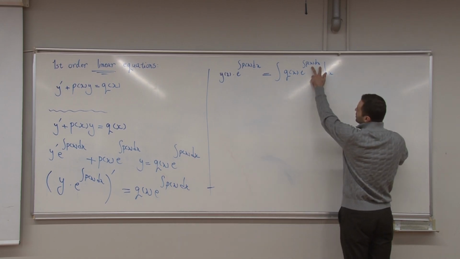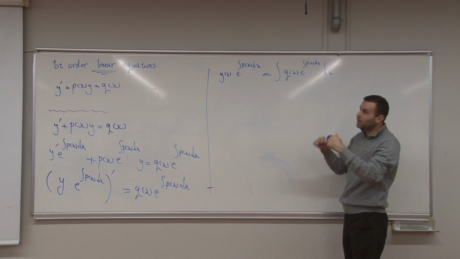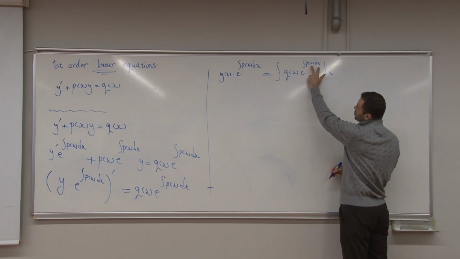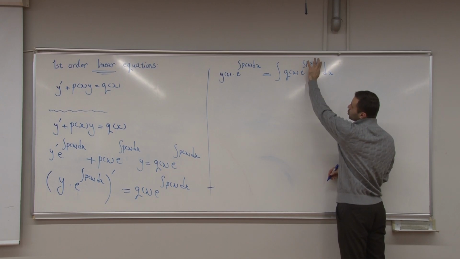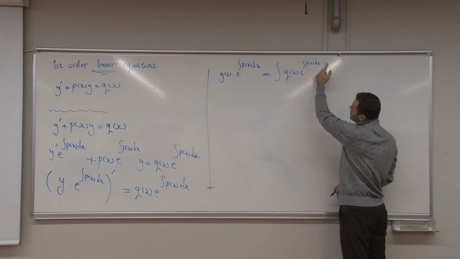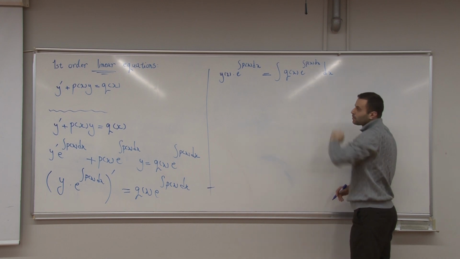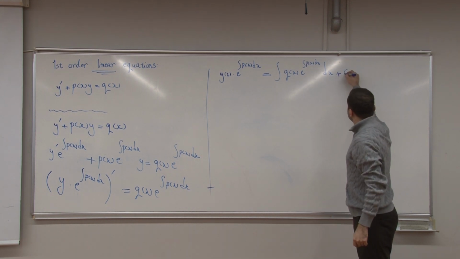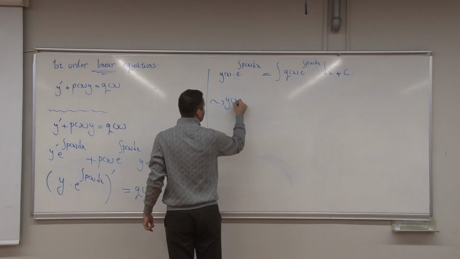We can also turn this into p of t dt, but not to mix it, if I change this to some other variable, then this is going to get complicated. Although we are taking an integral inside an integral, it is better to keep this just as x's, okay? Plus c.